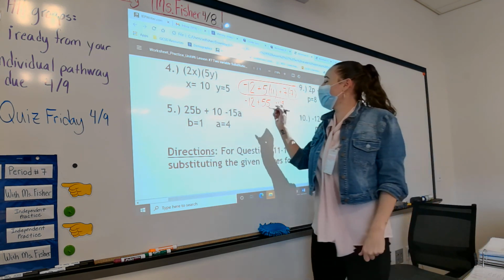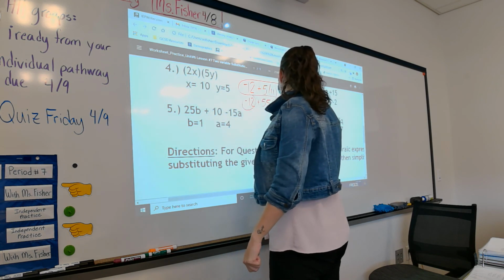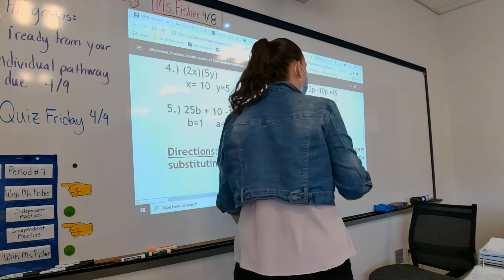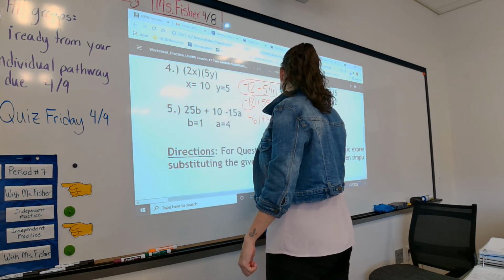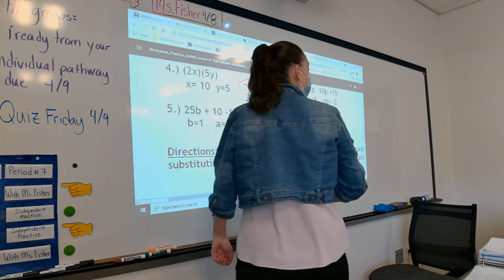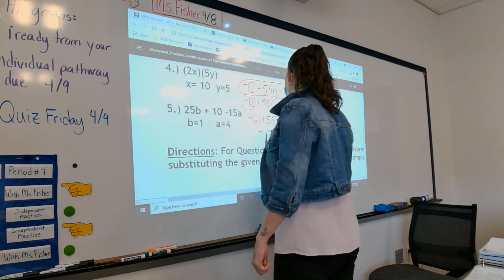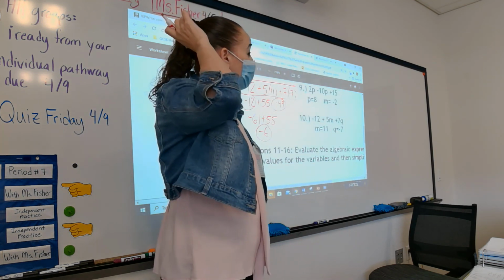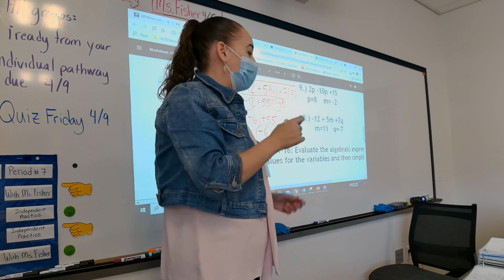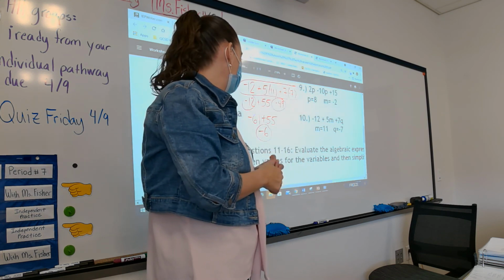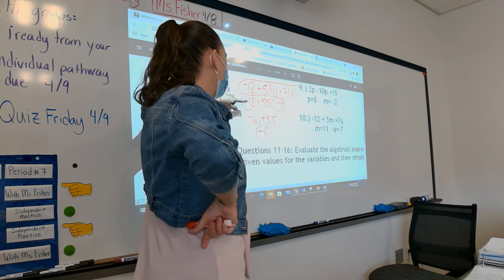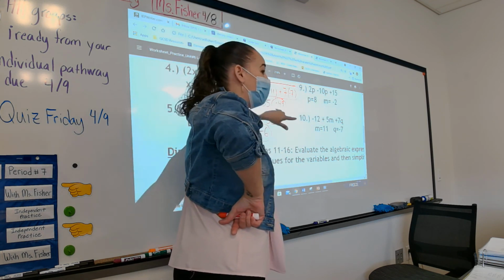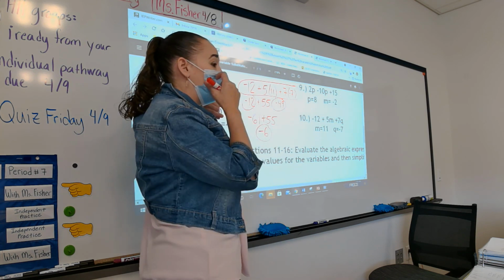So 49 and 12 are both negative, so that means it's a negative 61, plus 55, which gives you a negative 6. That's how I mentally do it in my head. I don't know how you're inputting it in your calculator wrong. You should have done negative 12 plus 55 minus 49, and that should have popped out a negative 6.